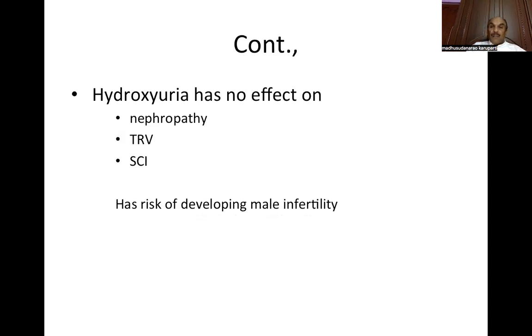Hydroxyurea has no effect on nephropathy, okay, TRV, that is tricuspid jet velocities, and it has no effect on the silent cerebral infarcts. There is always a risk of developing male infertility.